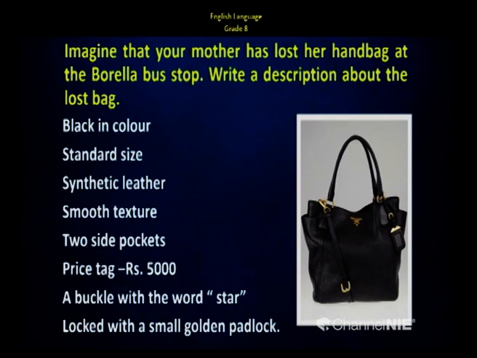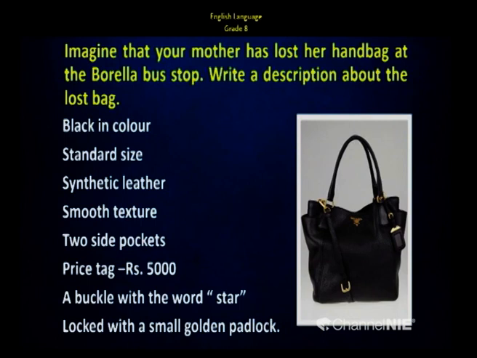It's not natural leather, it's synthetic leather. Smooth texture. 2 side pockets were there. And there was a price tag as well. It's 5,000 rupees, which means it's an expensive bag. And it's a new bag, I think. Yes, because the price tag is also there. Yes. Right. A buckle with the word star, locked with a small golden padlock.